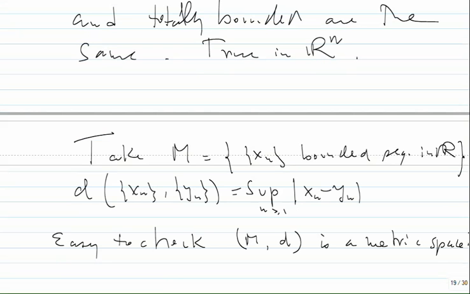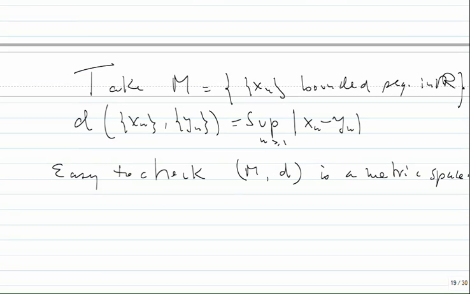In fact, it is complete, and the way to see it is to take a sequence of sequences, of bounded sequences, elements of M, which is Cauchy, and then you show that component-wise they are all Cauchy, so they do converge, because you are in R. And then you go back to the definition of Cauchy in M to show that if you take the limit pointwise, that limit will be the limit of the sequence, and it's bounded, by the way. You can show all this. So it's quite tedious, but it's not very complicated.